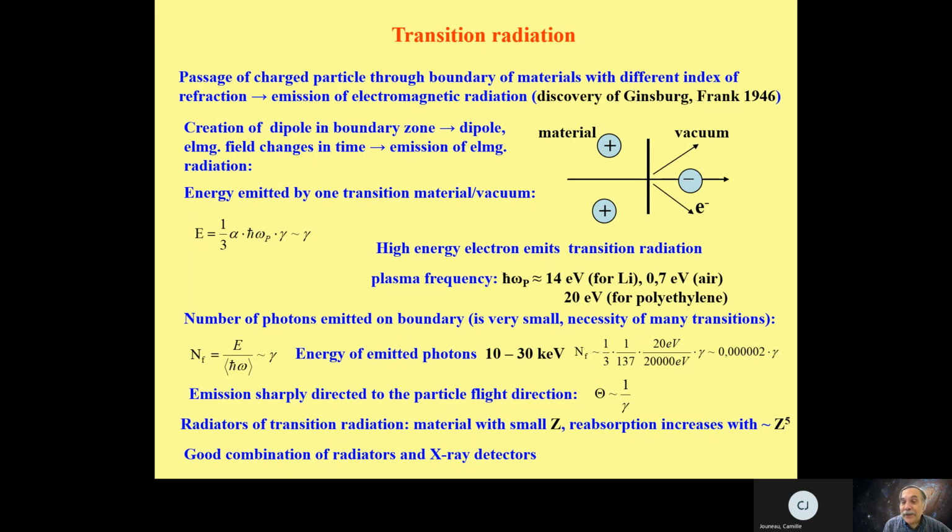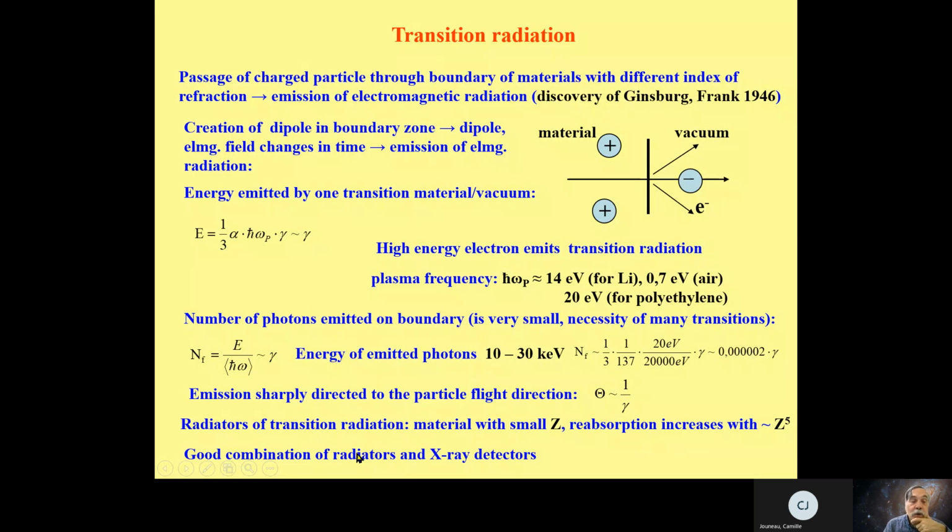That means if you have a heavy atom, there will be a very high probability of photo effect, and so a very high probability of absorption of the X-ray photons which are radiated by this transition radiation.